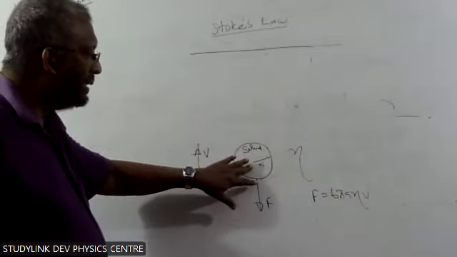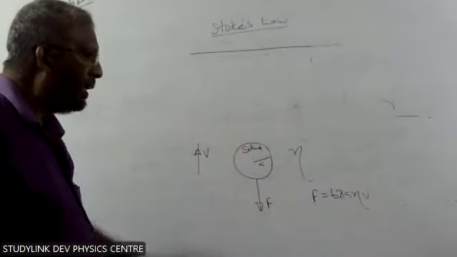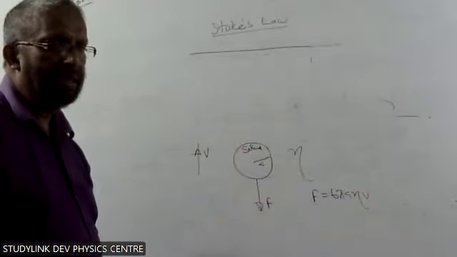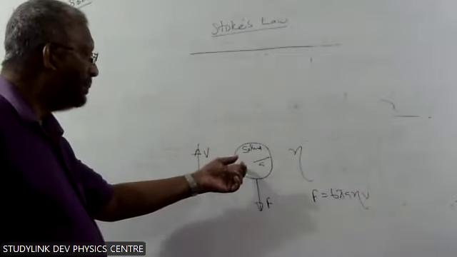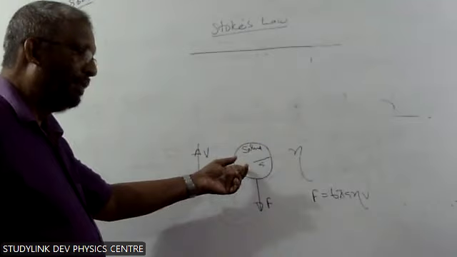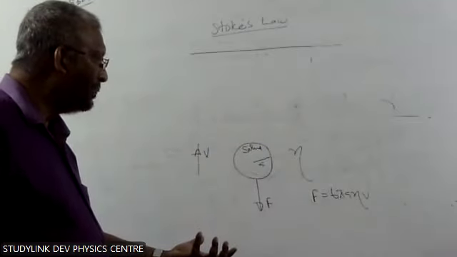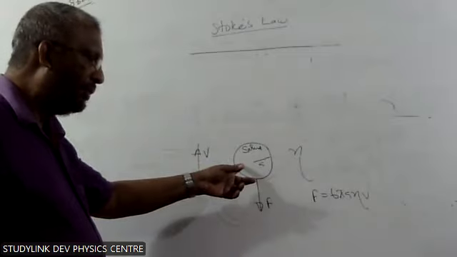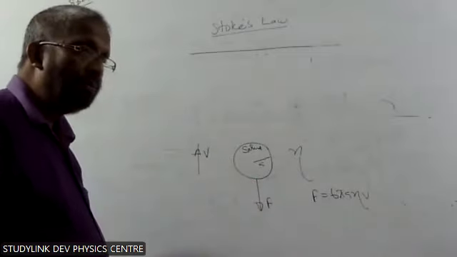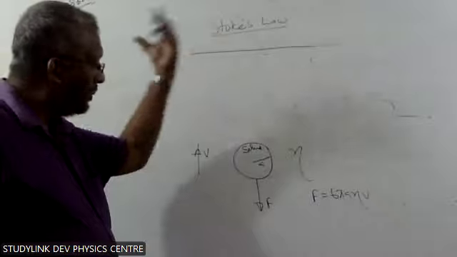This is a solid sphere having less density than water. Could be a rubber ball, maybe it's hollow also, but here I said solid. Rubber density is less than water density, thermocol, like that. Then it's going up.